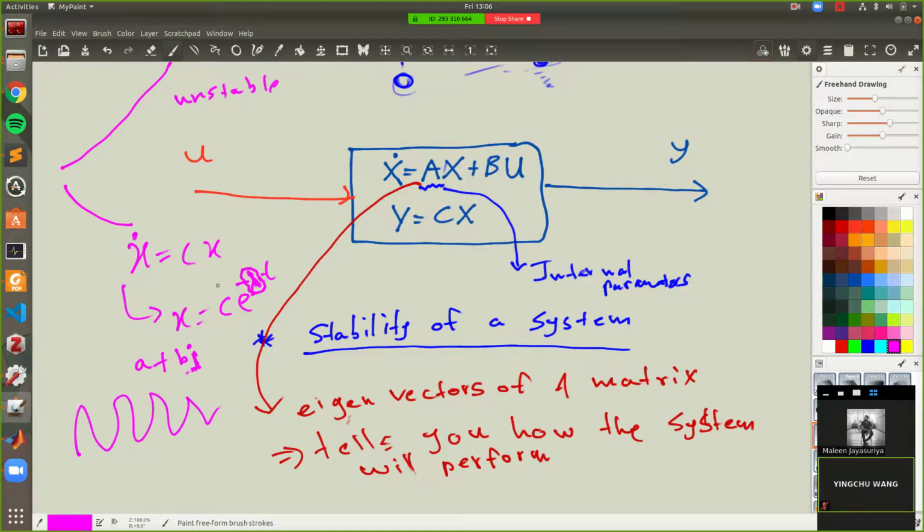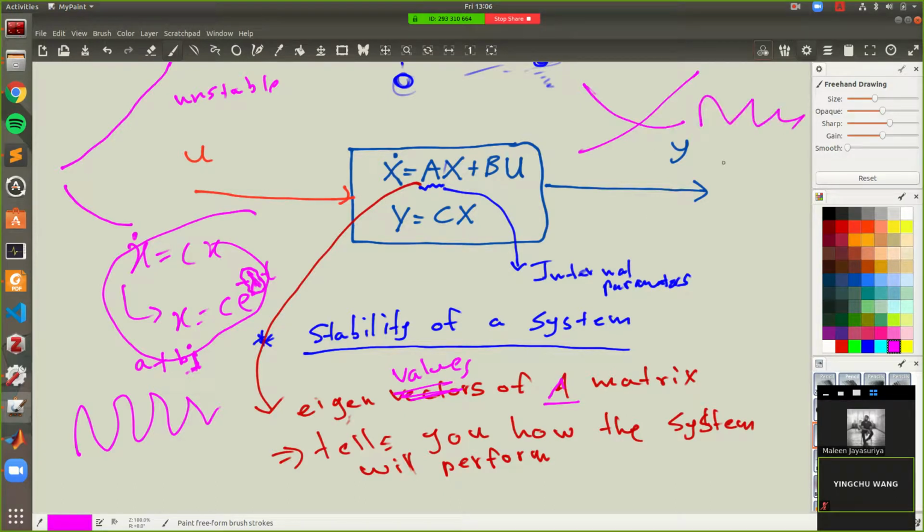right? So you don't have to worry about this differential equation angle. Just remember, for this mechatronics course, all you need to remember is the eigenvalues, right? Sorry, not eigenvectors, eigenvalues of your A matrix tells you how the system is going to perform, whether it's going to grow unstably, decrease, or whether it's going to oscillate, or somewhere in between, right?